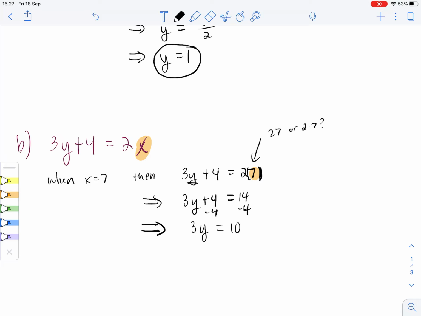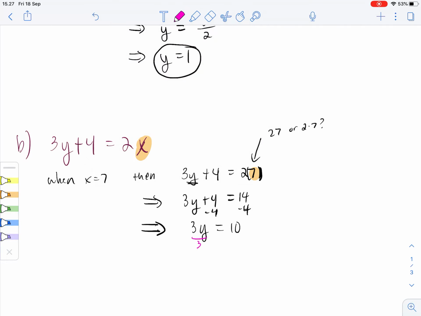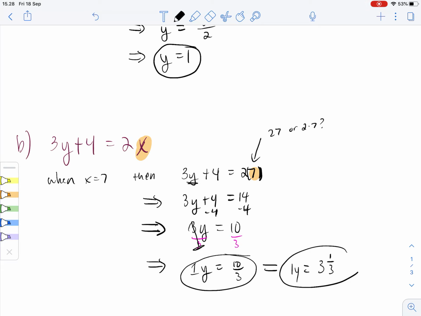And here I will divide by 3 on both sides because I'm trying to solve for y, so I'm trying to get y by itself, isolating y. So I have 1y is equal to 10 over 3. And we could stop there, or we could say that y is equal to 3 and 1/3.